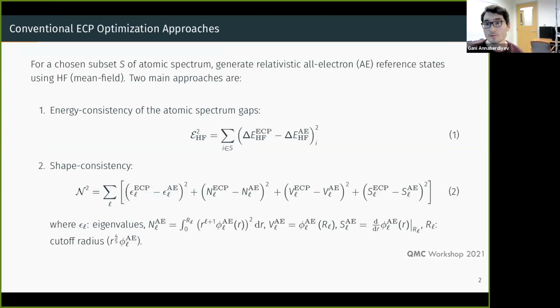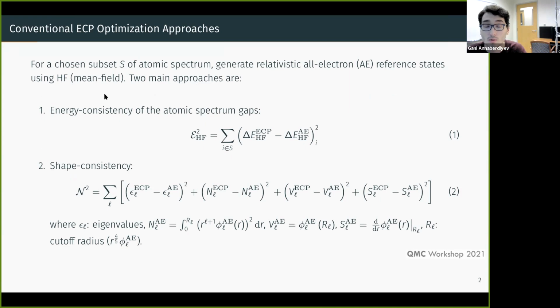So I'll give briefly an overview of how ECPs were optimized conventionally and historically. Essentially, one would take a subset of the atomic spectrum S and generate a relativistic all-electron reference state using some mean field, say Hartree-Fock. And using that data, one can do two optimization routines.